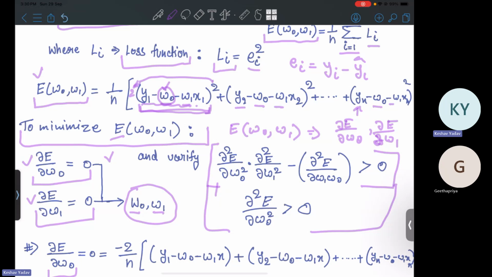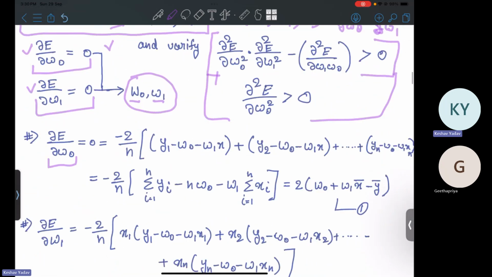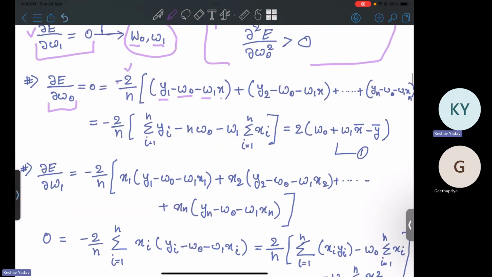So -2 comes outside: -2 (y1 minus w0 minus w1x). Similarly, here also -2 will come, that we take outside. So this is what we will get once we do the differentiation with respect to w0.